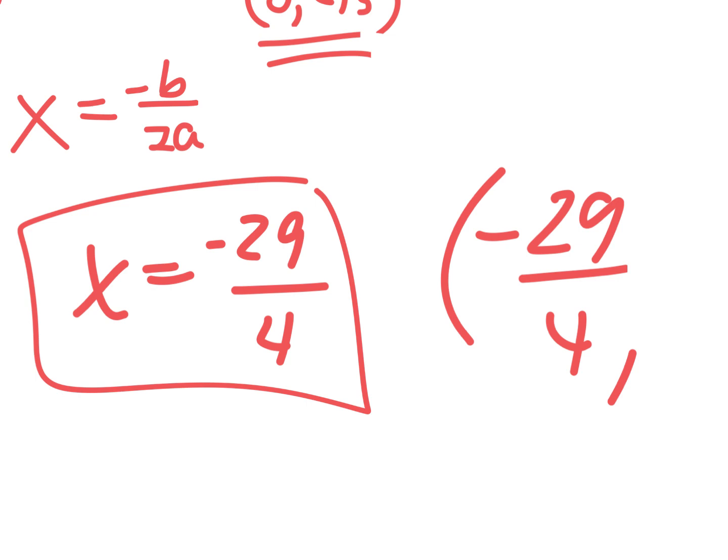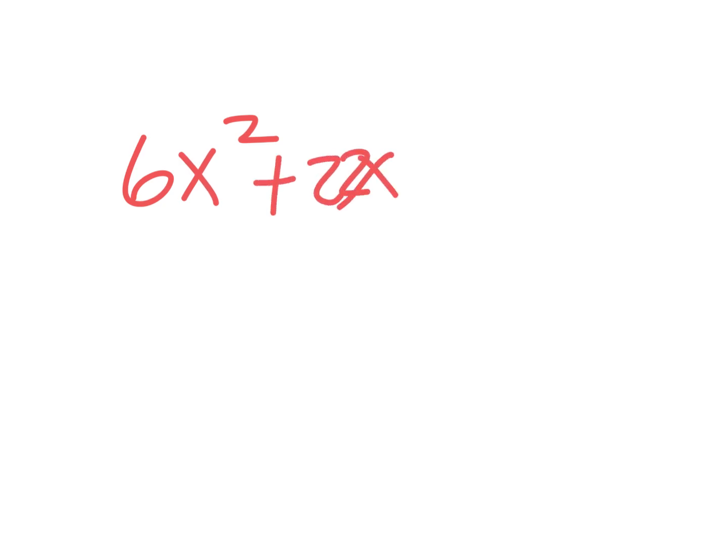All right. Here's another one from the top without help. Let's see if you can factor this one. 6x squared plus 22x minus 8. That got a little sloppy, I'm going to clean that up.